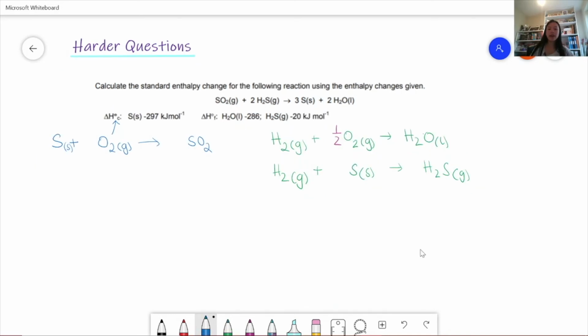And now we have a look at how we can combine these all together to find the delta H of this reaction. And so first I like to write out this equation, plus 2H2S gas, and I call this the enthalpy change of reaction.